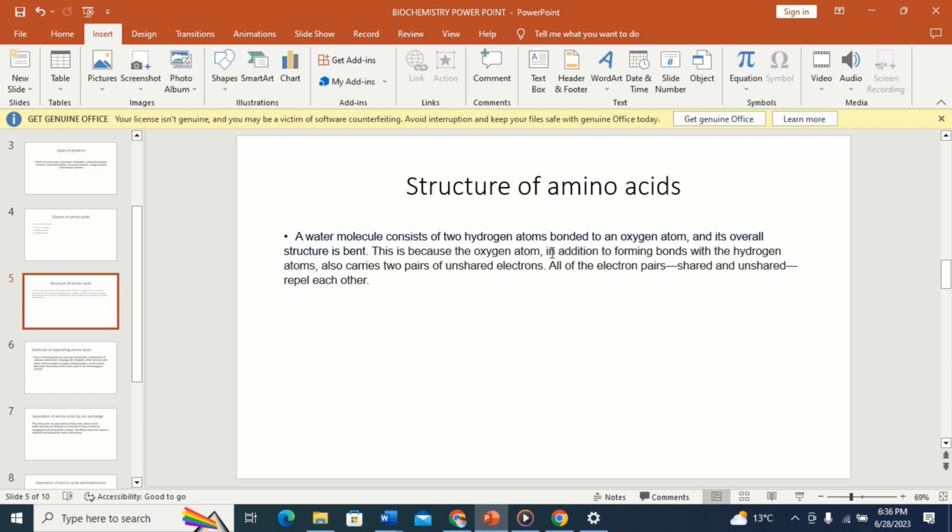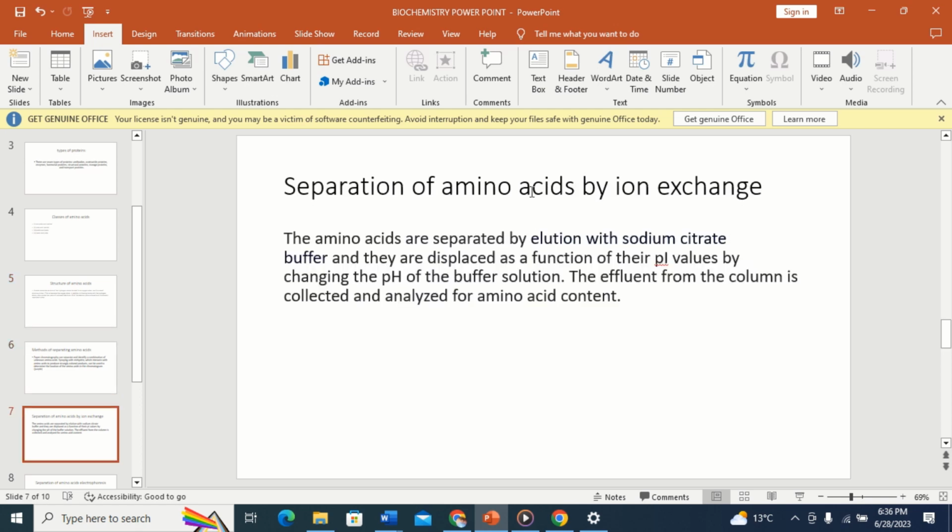This R group is normally varying depending on the various types of elements that are combined to form that R group. And we also have the carboxylic group that is also there, and a nitrogen atom. So that is what we have as the structure of the amino acid. I'll send you the real diagram that is showing the structure of the amino acid.